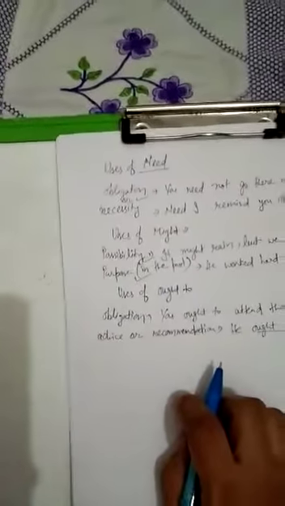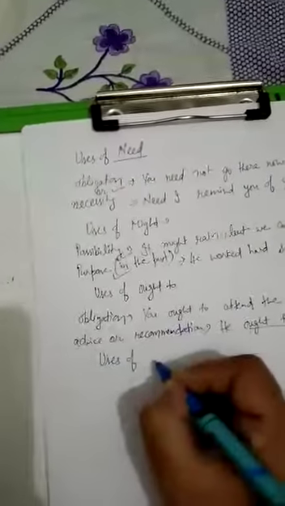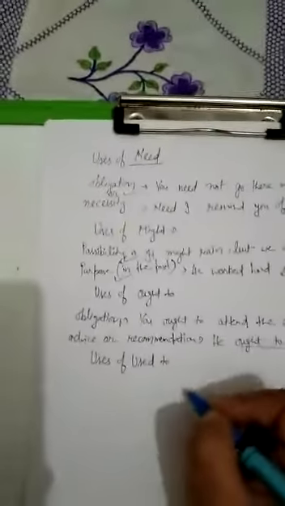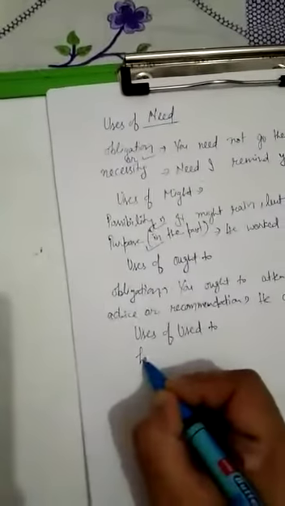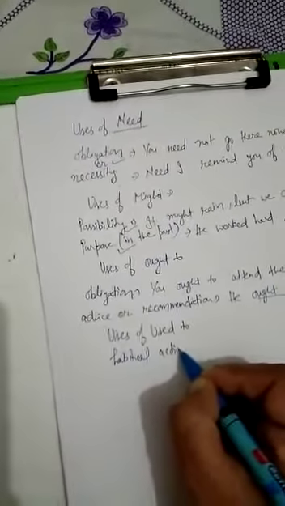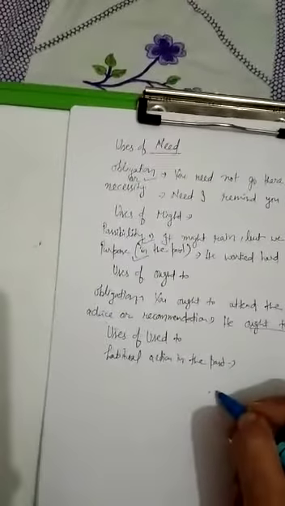Next is uses of used to. Used to is also a modal. Used to is used like accustomed. Any person is habitual and accustomed. A habitual action in the past, we use used to.